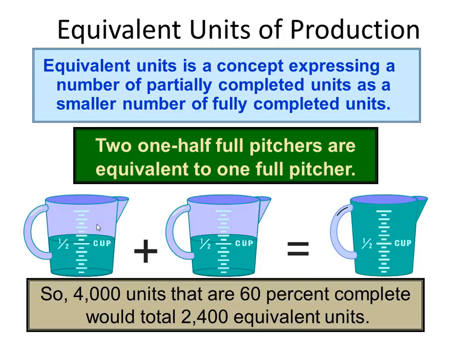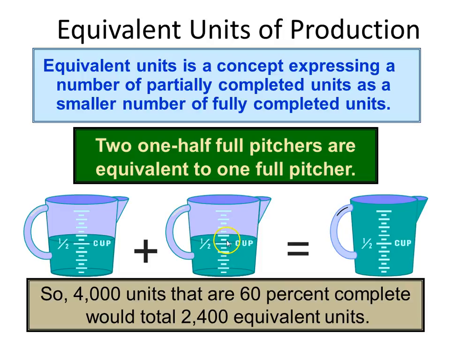Equivalent units is a concept that expresses a partially completed unit as a smaller number of fully completed units. So an example would be you've got two different processes, and one's halfway done, the other one's halfway done. That would equal one completed unit and so forth.